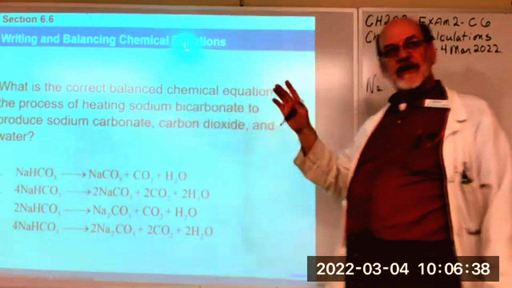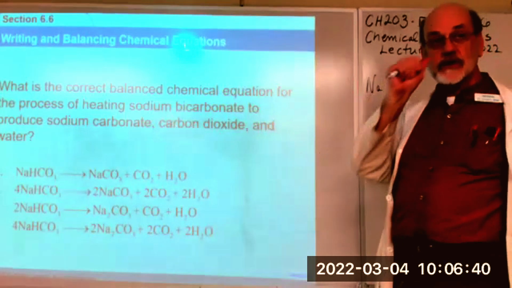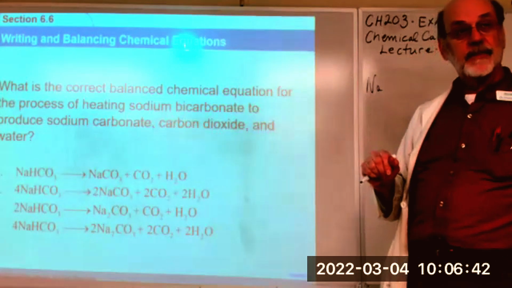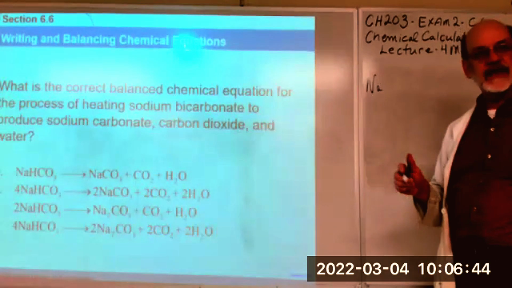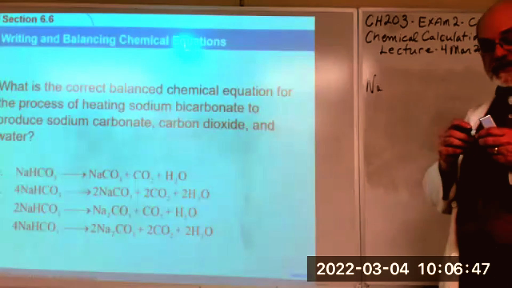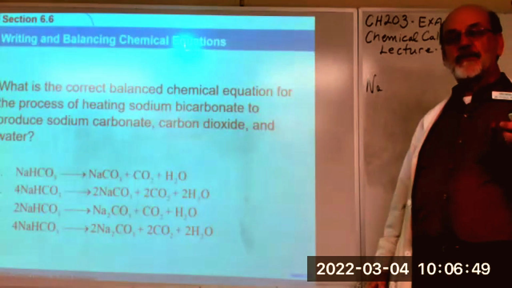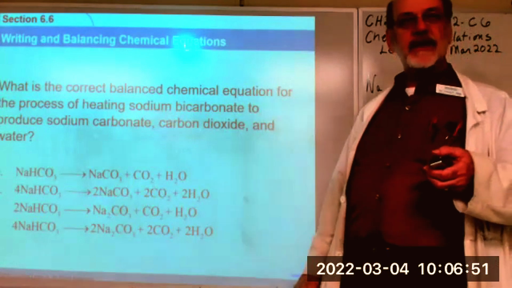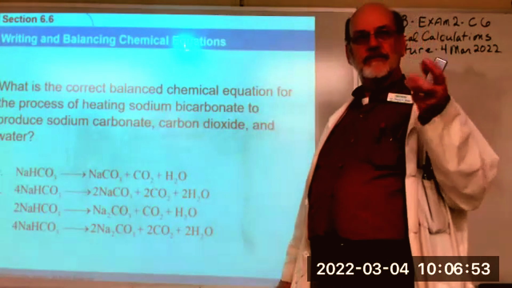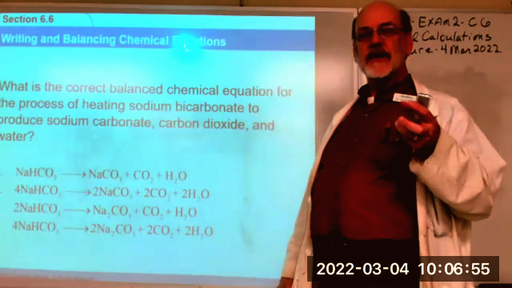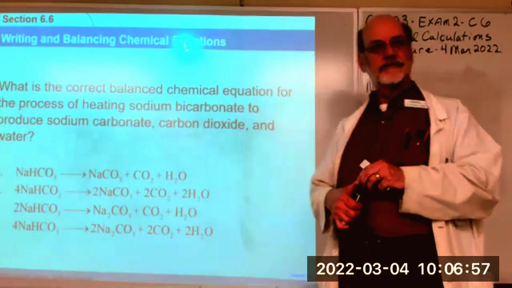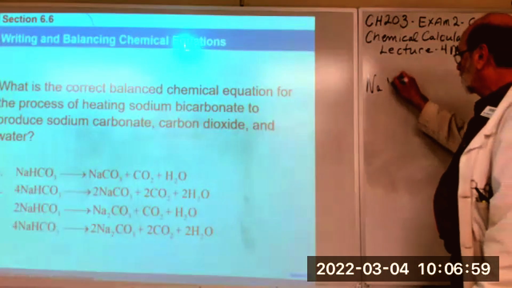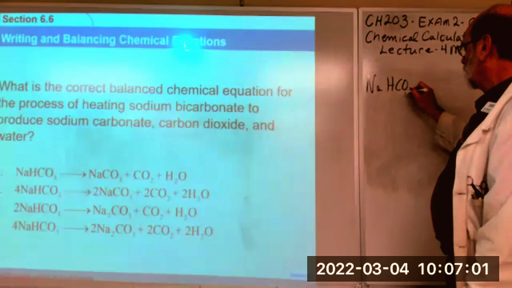It should be sodium hydrogen carbonate. Hydrogen carbonate is a polyatomic ion. Bicarbonate is an old way of saying it. And in fact, you'll still see it. If you go pick up a box of Arm & Hammer baking soda, look somewhere on that label, it'll say sodium bicarbonate. So it's this, HCO3.